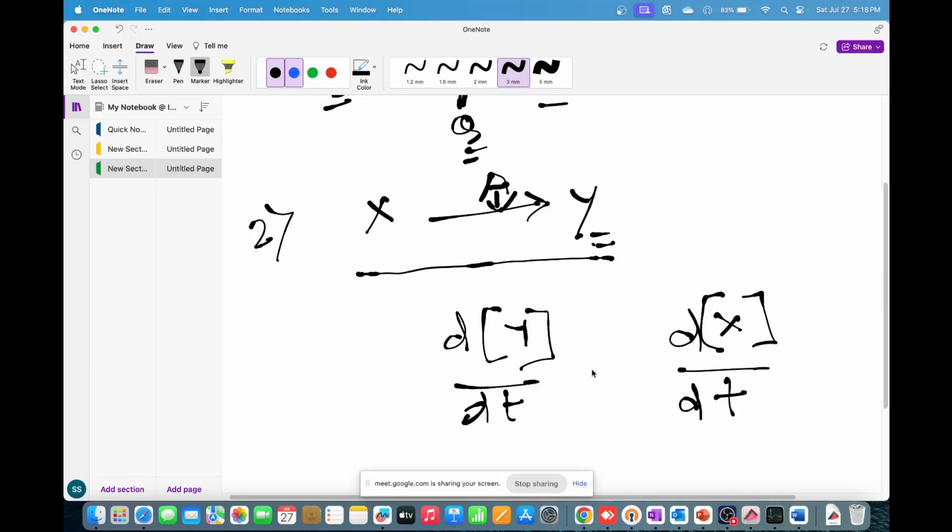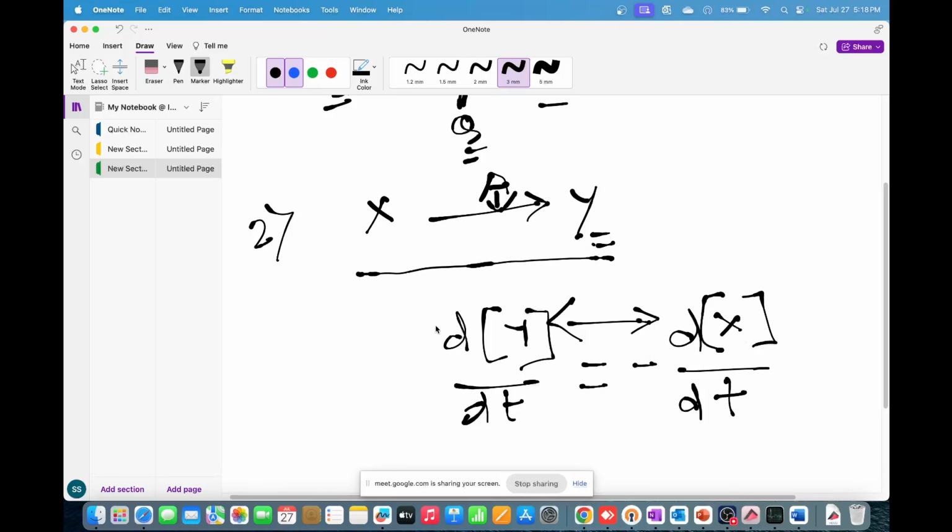But if you consider carefully, dy dt and dx dt are basically negative of each other, because the rate of change of concentration of y will be negatively related to the rate of change of concentration of x, and vice versa. So these two equations are the same, dy dt and minus dx dt. dy dt is the rate of formation of y, minus dx dt is the rate of usage of x, which are both basically the same, because it's x giving y.